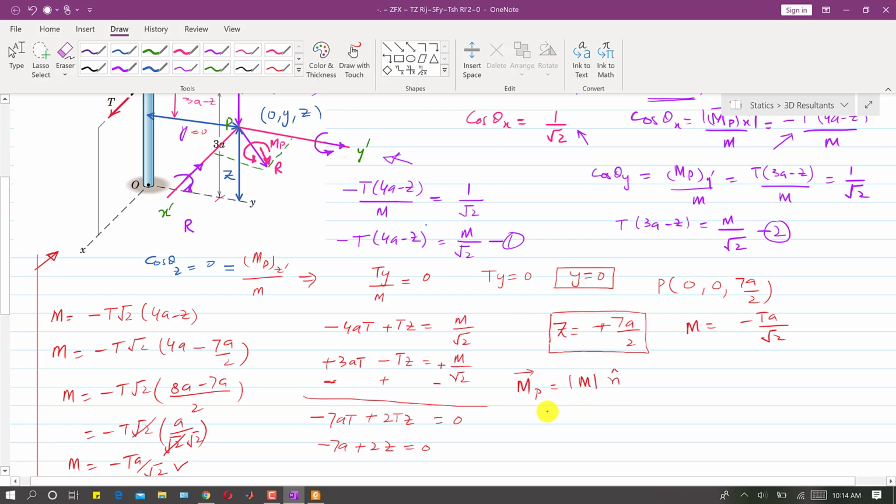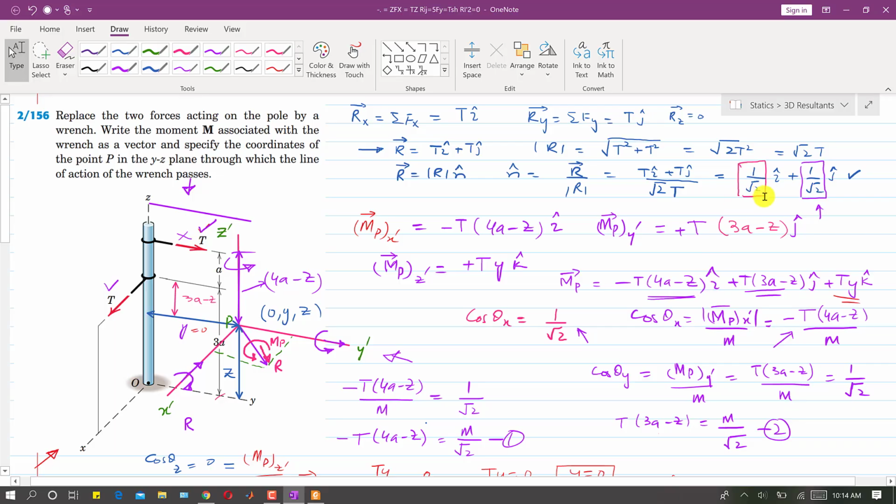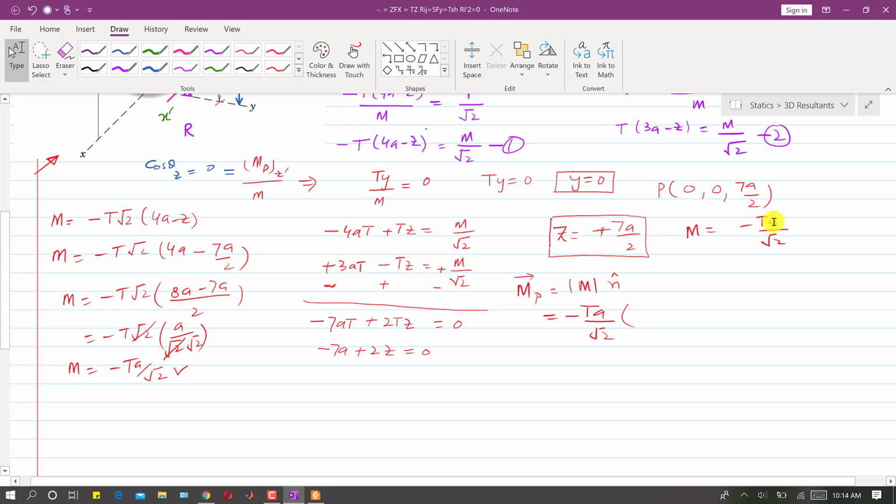So we can write it like this. This will be minus ta by square root 2, and the unit vector is this thing: 1 by square root 2 i plus 1 by square root 2 j, right? So this is the vector representation of that moment at that point P along the resultant.